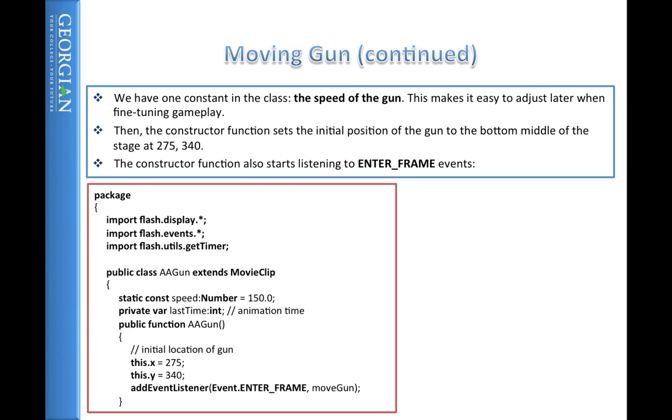And then we're going to add an event listener for another enter frame event. Remember, we have an enter frame event for our plane. Then we use another enter frame event for our gun. These enter frame events mean every frame, check for something to happen. Alternatively, and I think this is the better way to do it, we would have an update function like we did back in the day with Python.